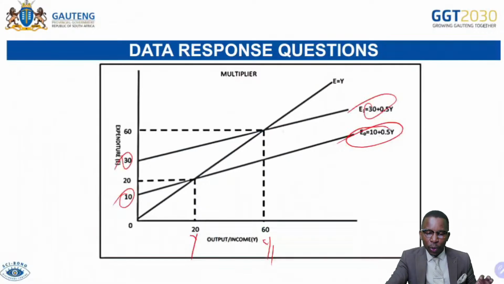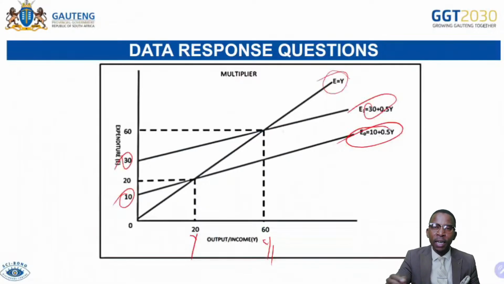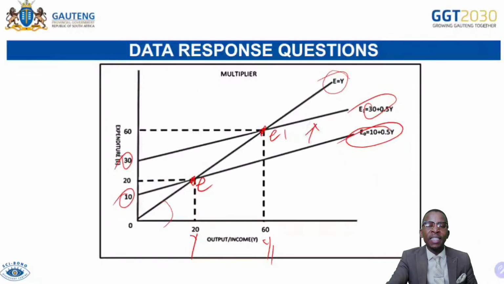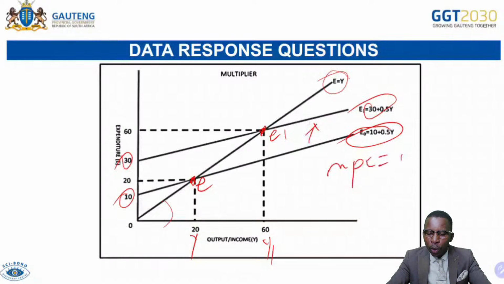So after that, you can also check that E equals Y indicates that income along this 45-degree line, income and expenditure, they are both equal. There will be equilibrium along here. There will be E and E1 along here. And then our investment line is increasing, showing that there's a further injection in the economy. And then we are given the MPC, which is equal to 0.5.